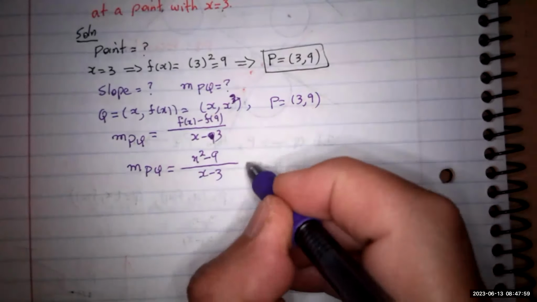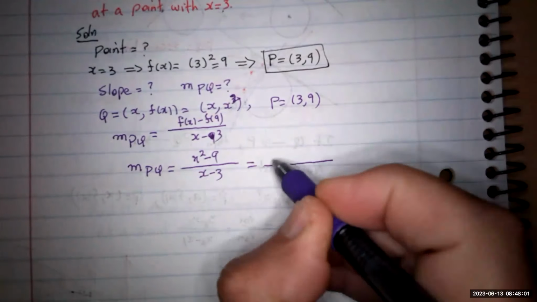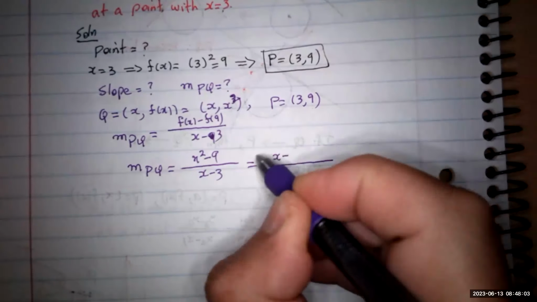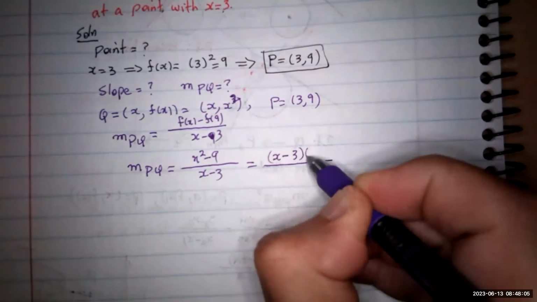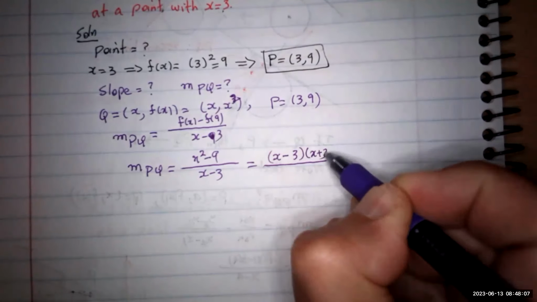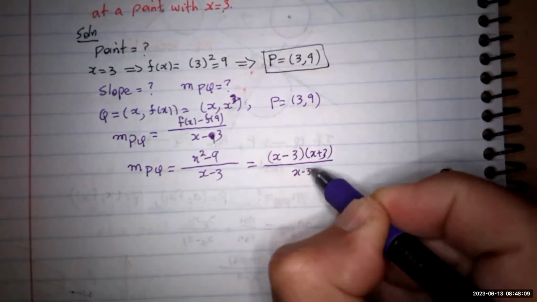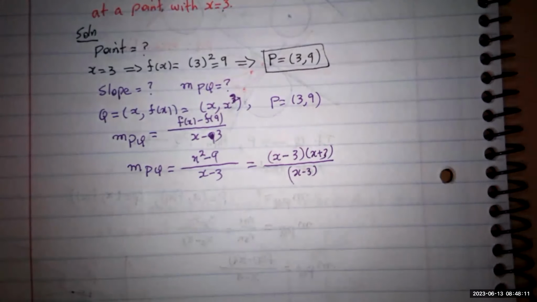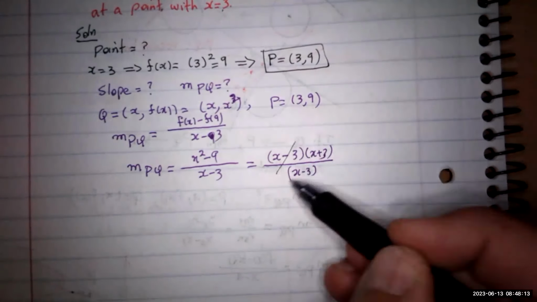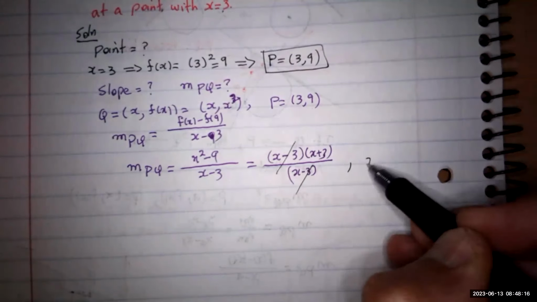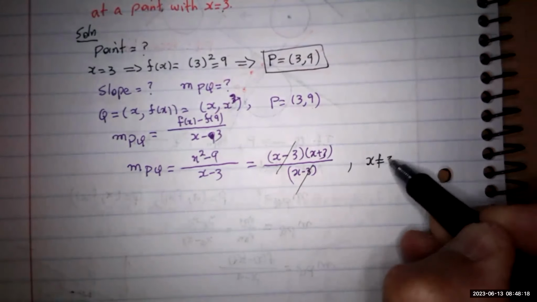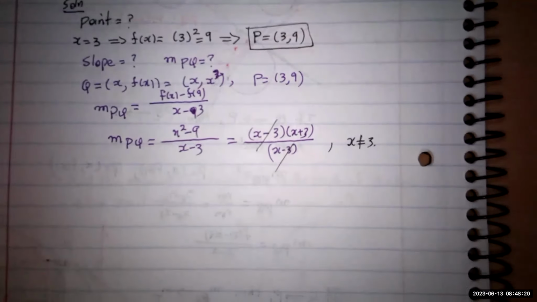We can simplify it a little bit. So the top would be x minus 3 times x plus 3, over x minus 3. We can simplify it, but we have to consider the fact that x is not equal to 3. You have to mention this one because we estimate.